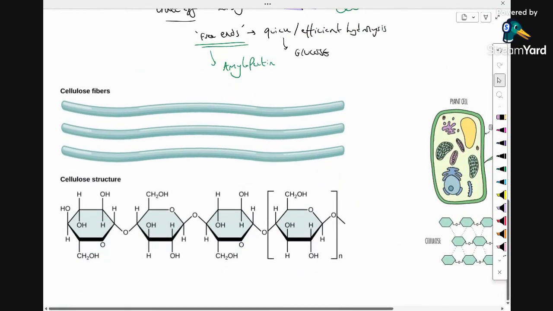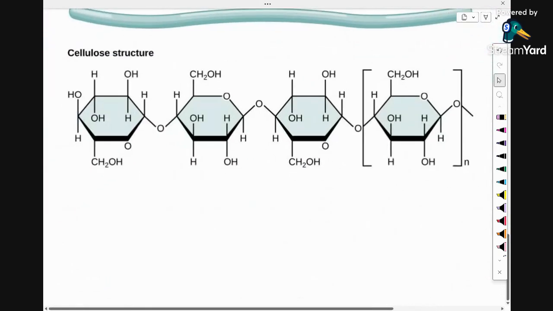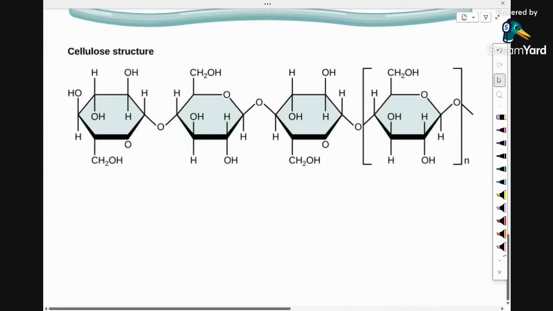Right, the final type is cellulose, as you can see here. Up until now we've been talking about alpha glucose, for both starch and glycogen. Here we're actually referring to beta glucose. So this is the different one, cellulose. Very important.